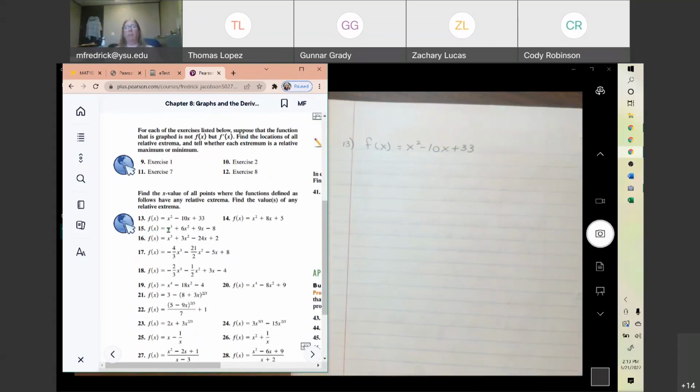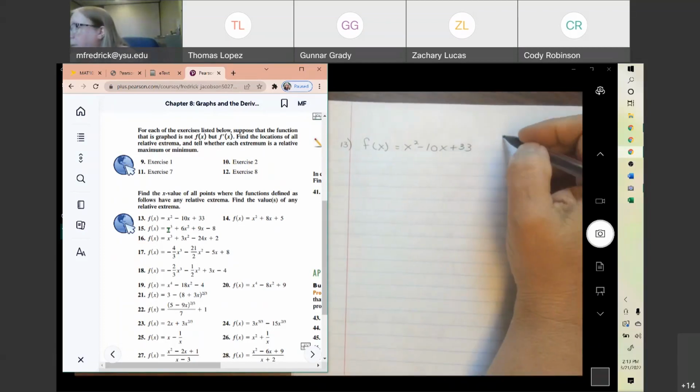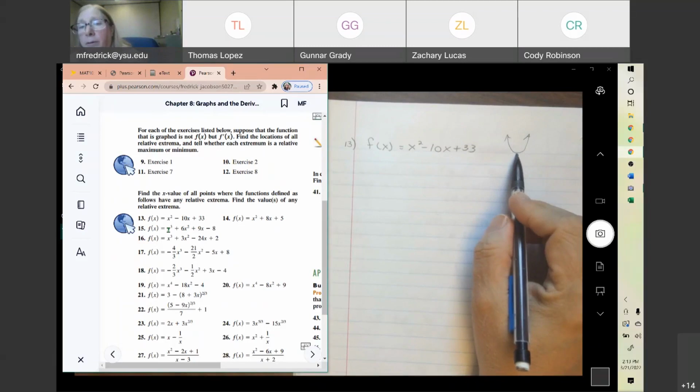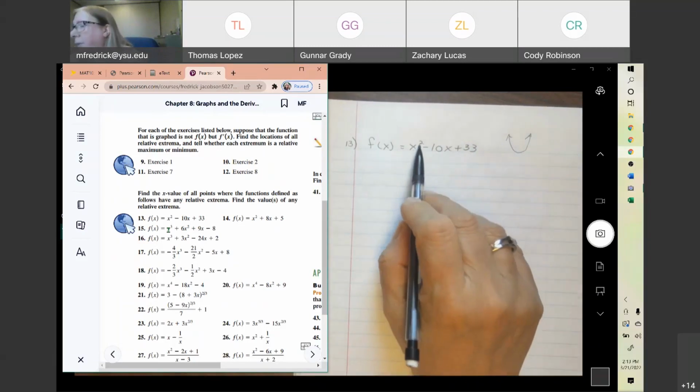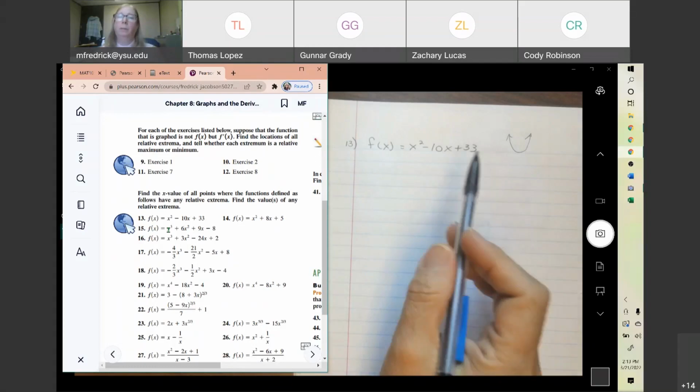So we have x squared minus 10x plus 33. Well, we know this is quadratic because the degree is 2, which means it's a parabola. And the a is positive, which means this parabola is going up. So there should be one critical number. If you take the degree minus 1, that's how many critical numbers you should have when it's a polynomial.